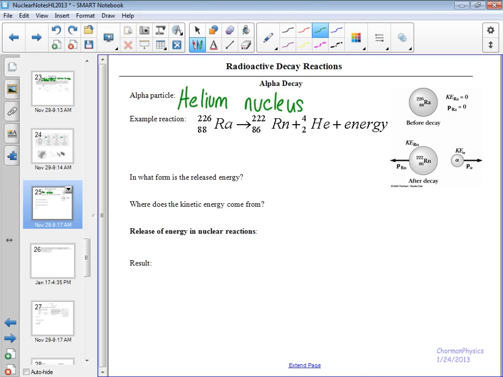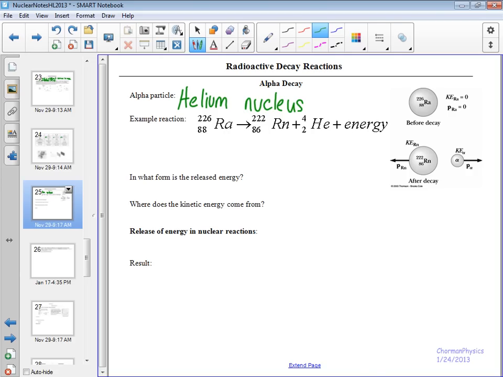Oftentimes we have little charts that show this. I think there's a chart in your book that shows the possible sequence of decays of radioactive elements. They're always trying to get back to a non-radioactive element, and typically they follow alpha and beta decays until they get to lead, which is the first element that has a naturally occurring non-radioactive isotope.